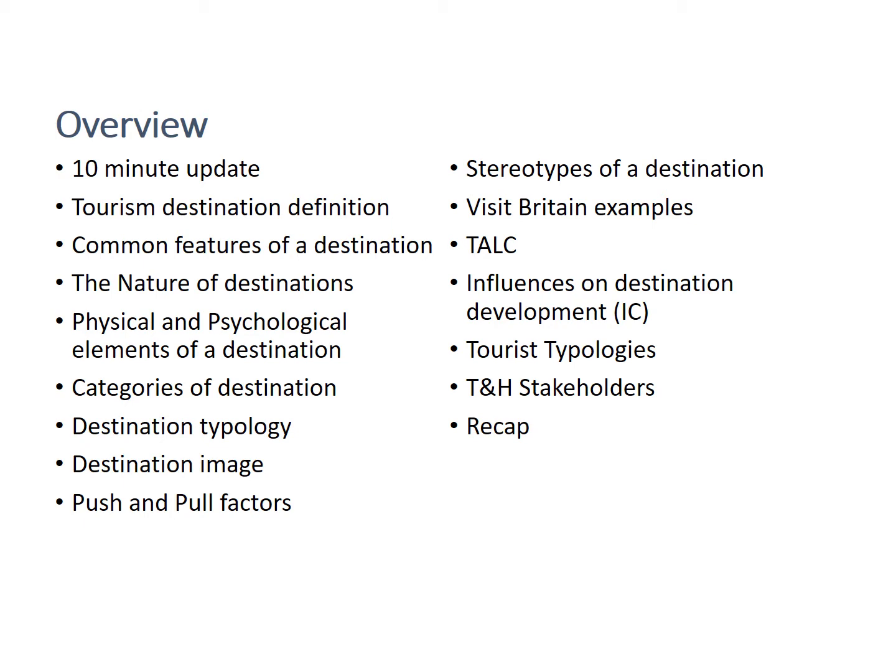We're going to look at some Visit Britain examples, the TALC model in tourism and hospitality, influences on destination development, tourist typologies, and tourism and hospitality stakeholders, and then a recap. So that's going to be a brief overview today.